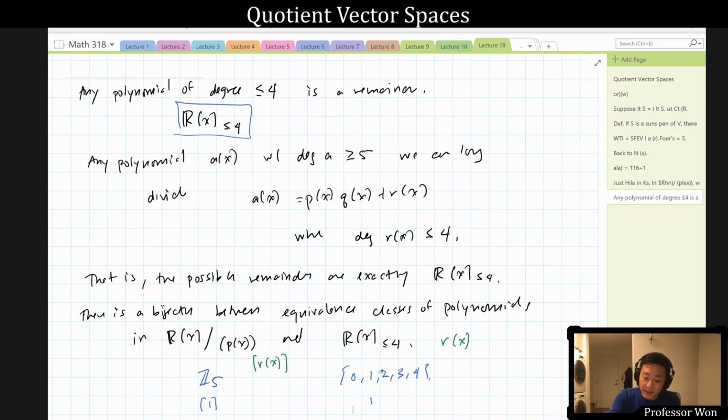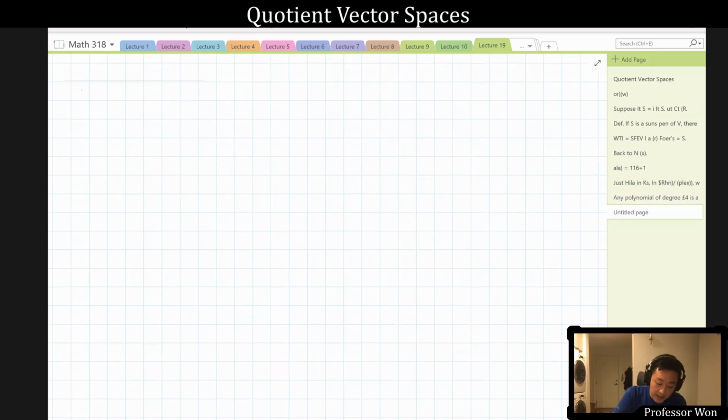Okay, so it turns out that in this vector space, we have the following theorem or proposition.